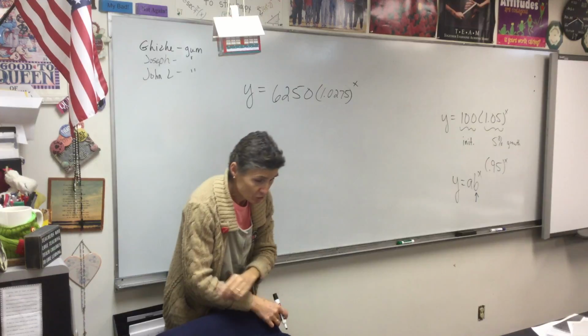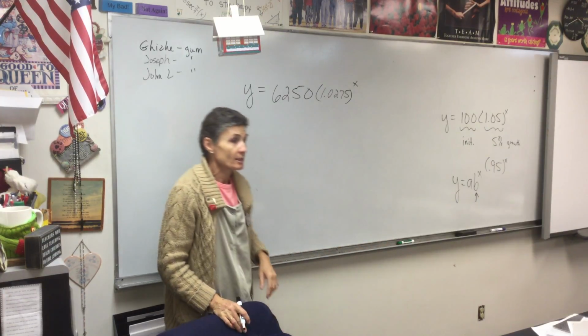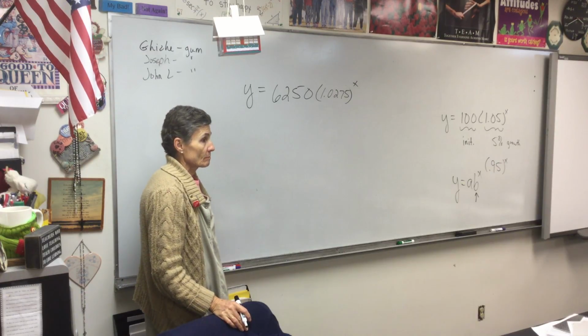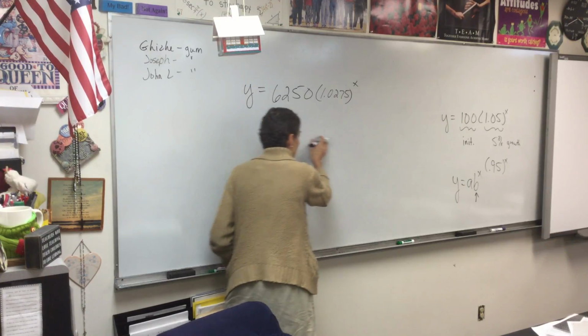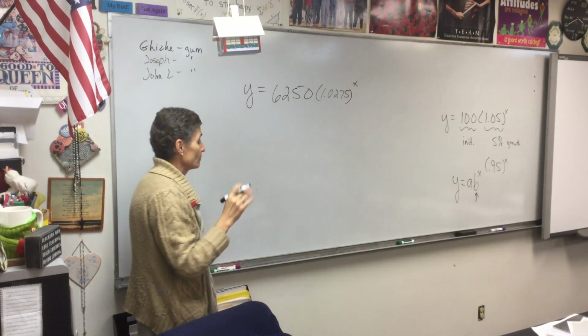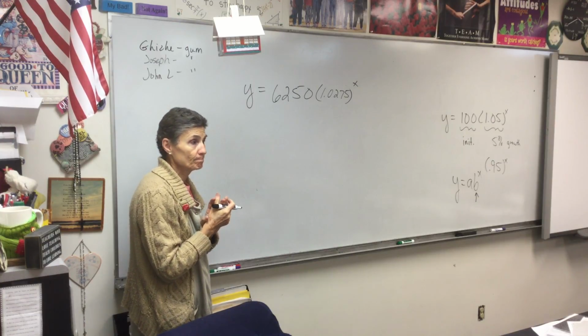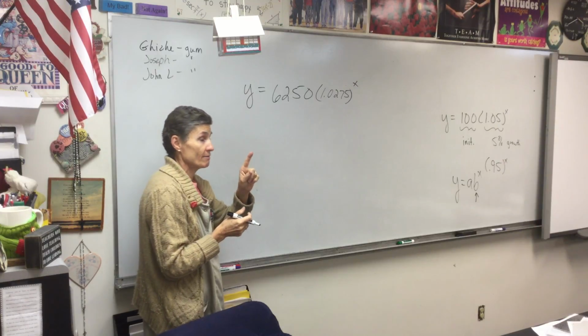Now, the first question says, that's the equation, estimate the population in 1915. All right, so what are we going to do? If we want to know the population in 1915, how are we going to use this equation to do that? Plug what in for x? 25.